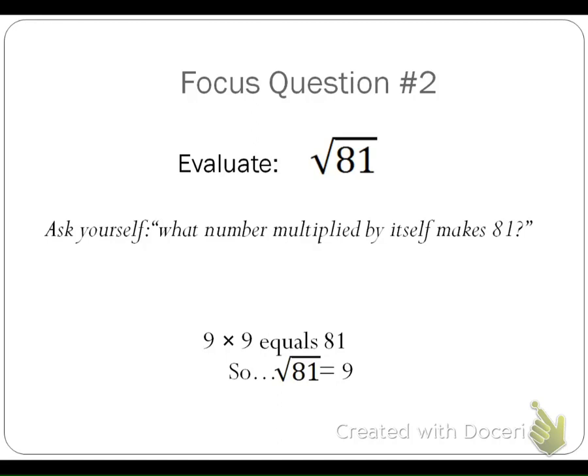Nine times 9 equals 81, so the square root of 81 is 9. Ooh, might be a tough one. 144. Well, if you think about it, 10 times 10 equals 100, so it's bigger than 10. 11 times 11 is 121. 12 times 12 equals 144.